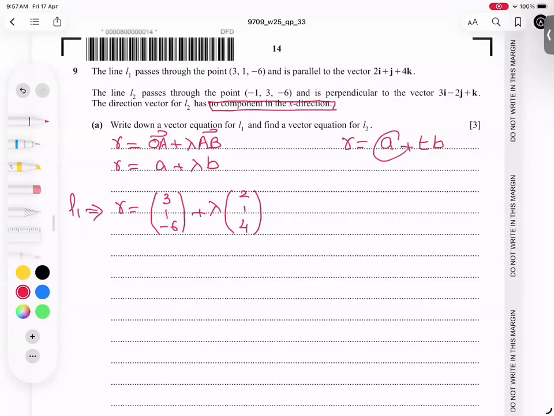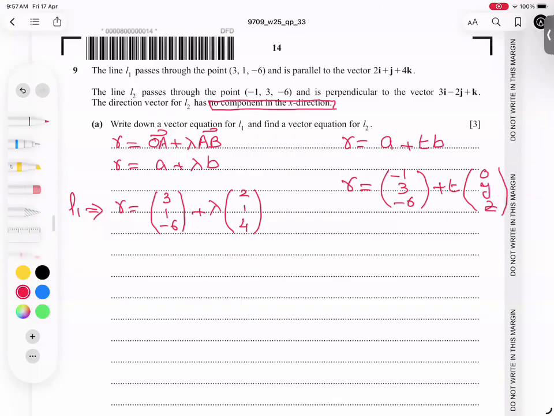Now a point lying on it is given very clearly: r is equal to (-1, 3, -6). And B, I don't know, but one thing I know is that there is no component in x direction, so I can call that 0. I can't call it AB, as used already. I can use x, y, and z.